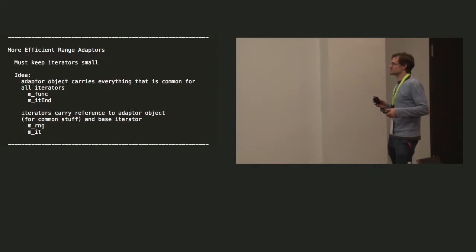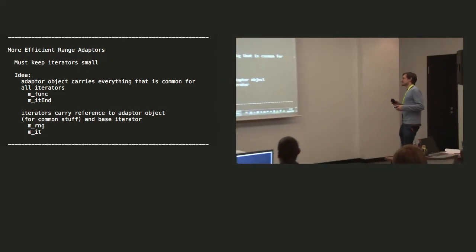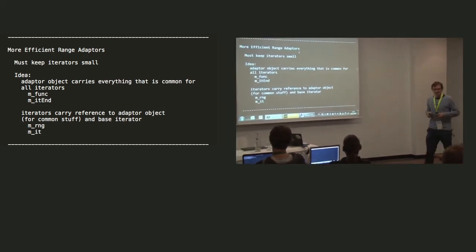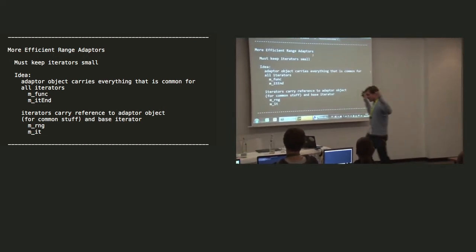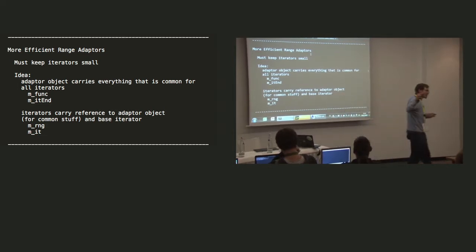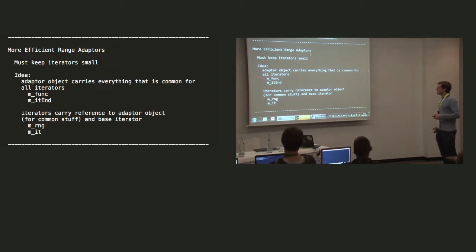We must keep the iterator small. Now, the adapter object carries everything that is common for all iterators. That's the general idea. So if you have a functor, why do we store the functor everywhere? We don't have to store it inside the iterator. We can store it inside the range. And the itend we can store there too.